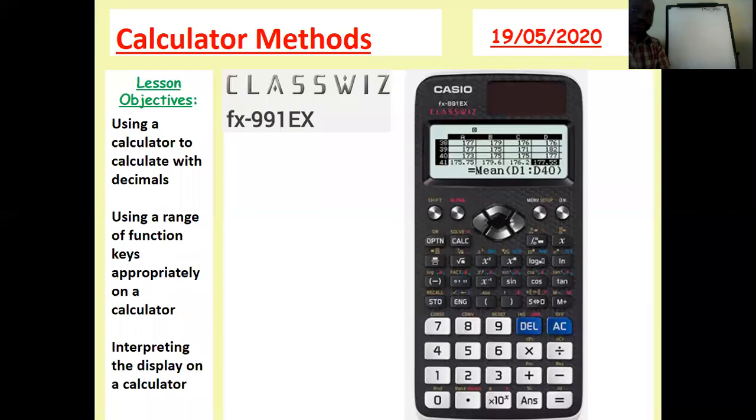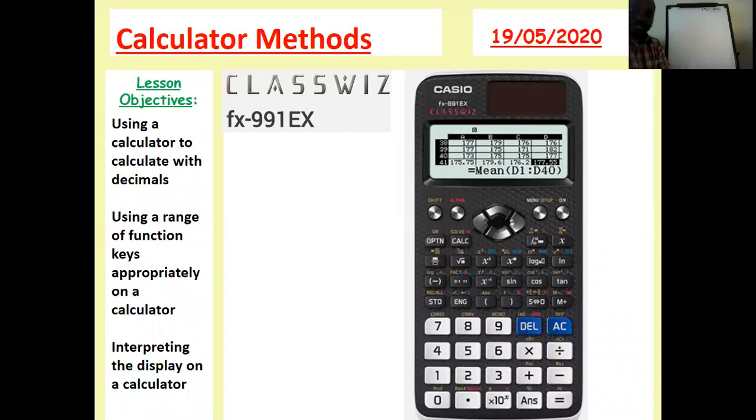So, today's topic is entitled Calculator Methods. Here's the calculator which I would expect you to have when I come back to school, maybe September, maybe June, because this calculator will take you up to GCSEs and even up to A-level.